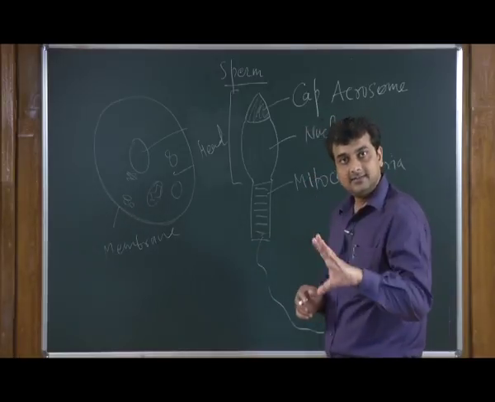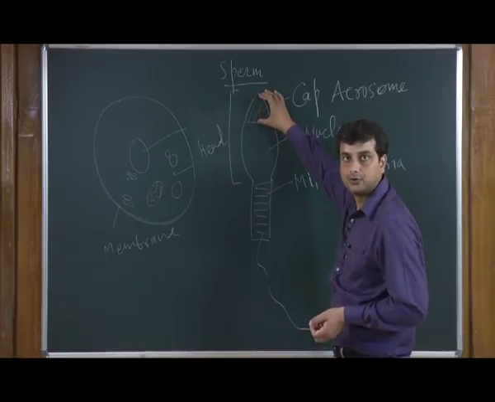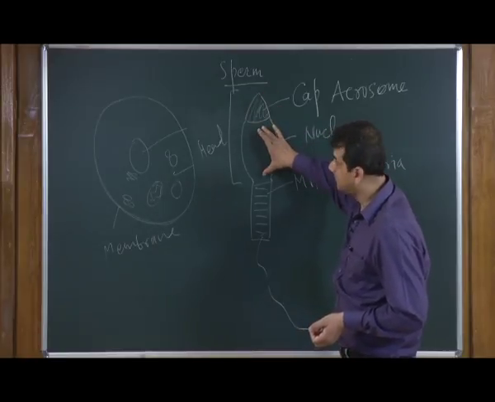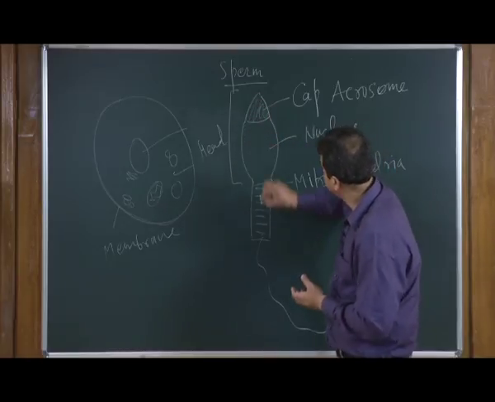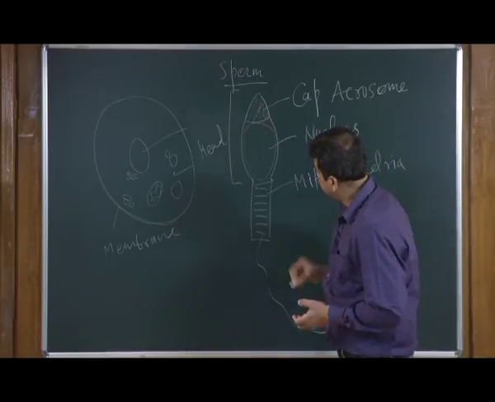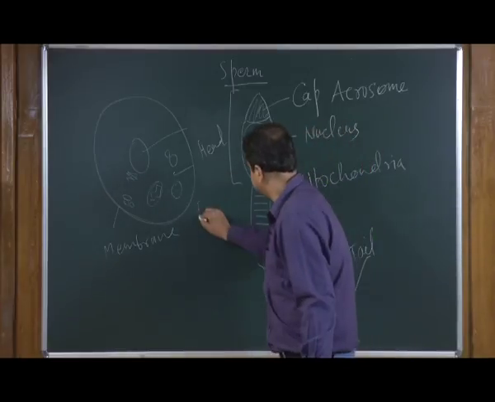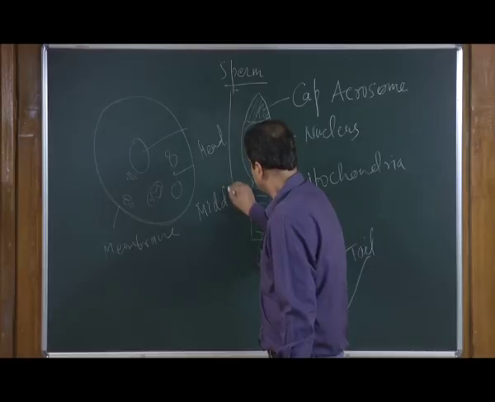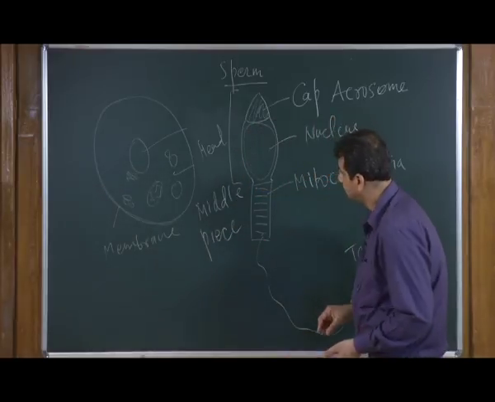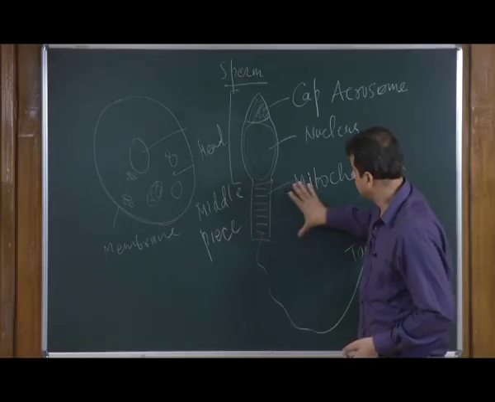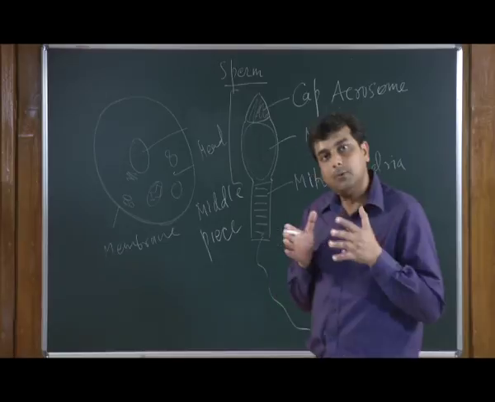Now, this is the same cell, but on the top we have acrosome, and in the head region we have nucleus and acrosome. So, nucleus is situated in this particular area, and then we have this middle piece, sometimes it is also called body, but we will just say middle piece, and this middle piece is full of mitochondria, and mitochondria can provide energy because these are motile cells.